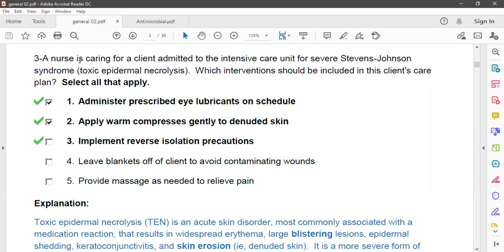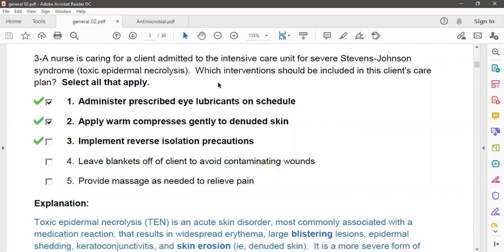A nurse is caring for a client admitted to the intensive care unit for severe Stevens-Johnson syndrome. Stevens-Johnson syndrome's other name is toxic epidermal necrolysis. Which intervention should be included in the client care?